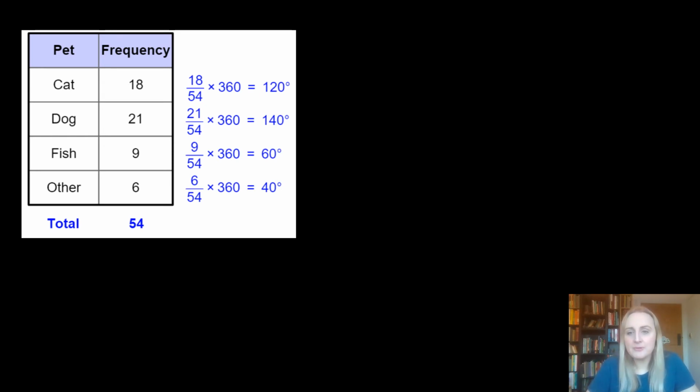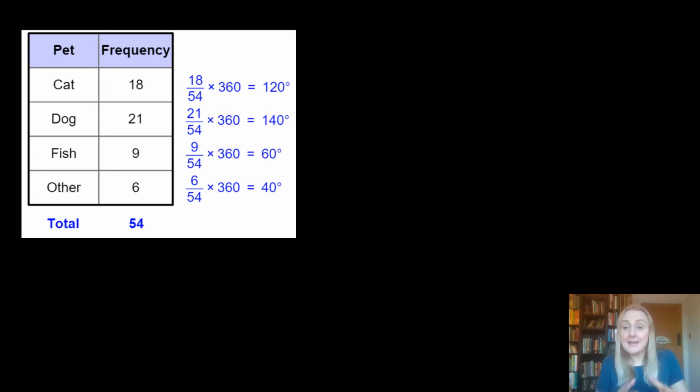So there are a number of ways of working out the angles, and let me just talk you through the options here. This example, a screenshot taken from MathsPad, is what I call the fractional approach. If I want to draw a pie chart for this set of data, I've got 54 animals here, so cats are 18 out of 54, which is the fraction they represent of the total.